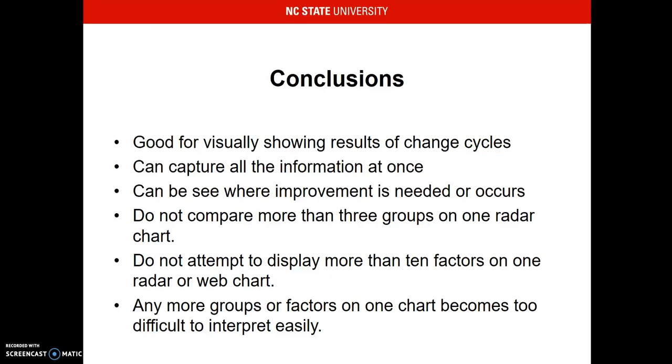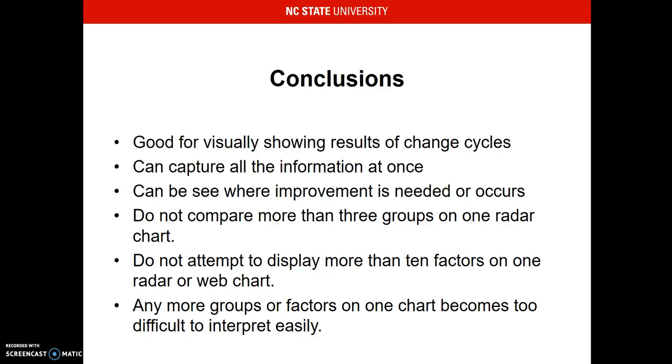The problem with the radar chart is that it does not compare more than 3 groups in one radar chart, because then it begins to become cluttered and it's ineffective. You don't want to attempt more than 10 factors on one radar chart, because then the criteria gets blurred and it makes it less likely to be understood.